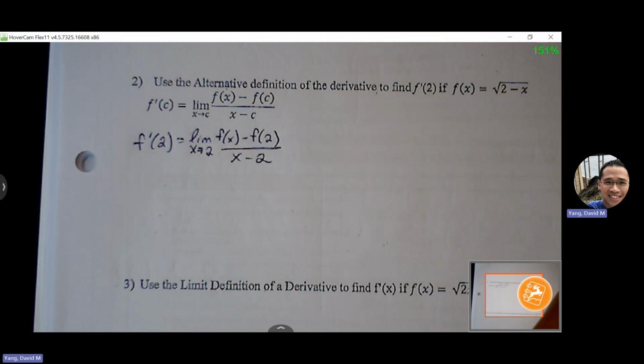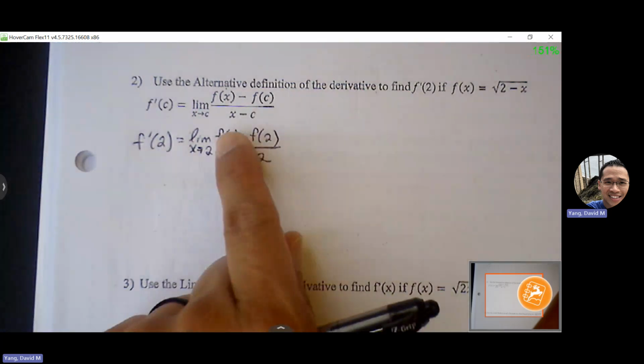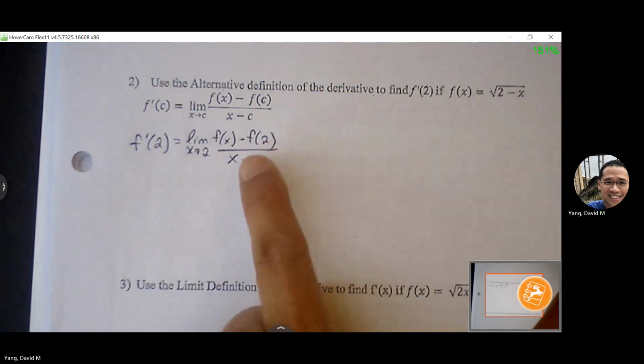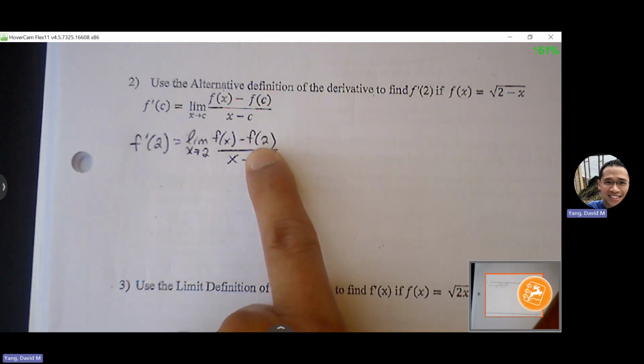Again, just like the general definition, we're trying to find a replacement for our function notation in the numerator. So what can I replace f of x with? That's the original function.